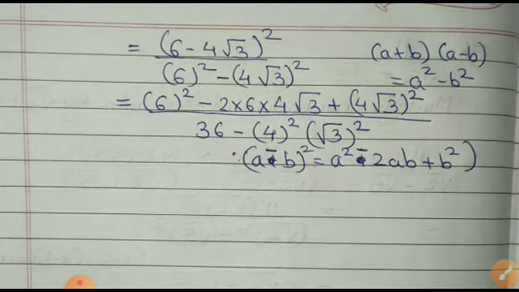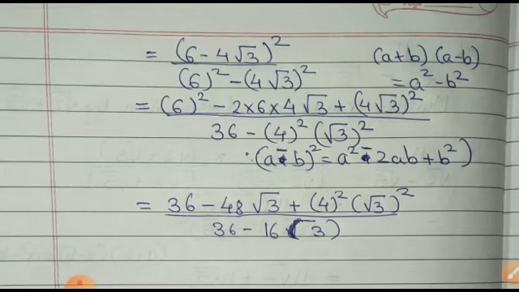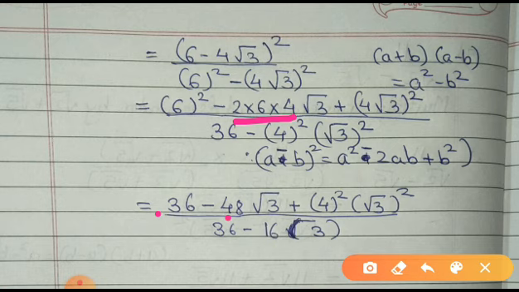Using that identity, I'll be having 6 square is 36. After multiplying, I'll get here 48 root 3 plus, this is the same as 4 square into root 3 square. So root 3 square is what? It is equal to 3.